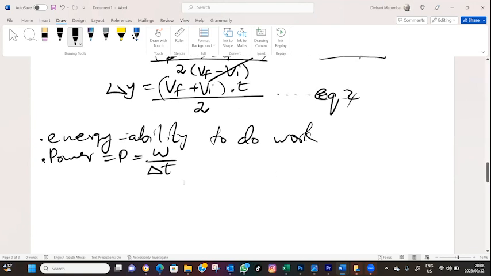Therefore, something that you must bear in mind is that energy must go hand in hand with work. So there is no work without mass. An object must always possess mass. I'm going to repeat it. The object must always possess mass.